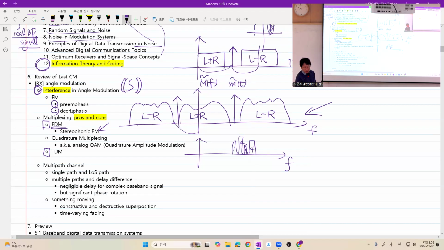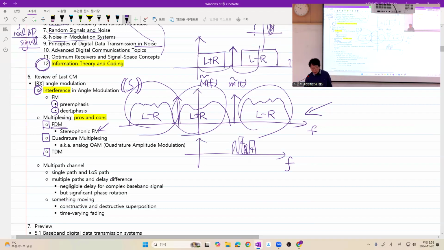So you have L plus R in the baseband and L minus R in a very small passband. We have also seen quadrature multiplexing, which in digital communication is called QAM. Some people call this analog QAM. And the idea is like this.